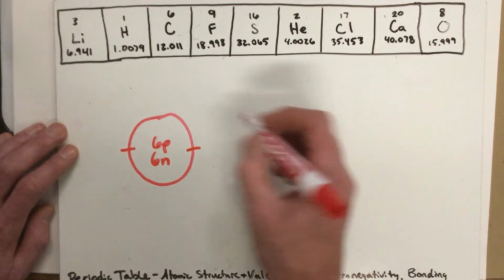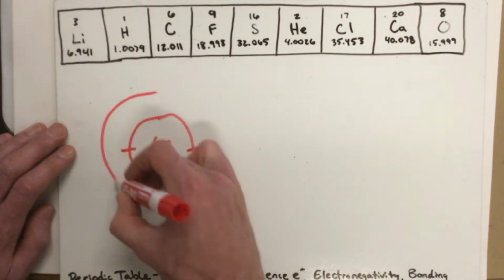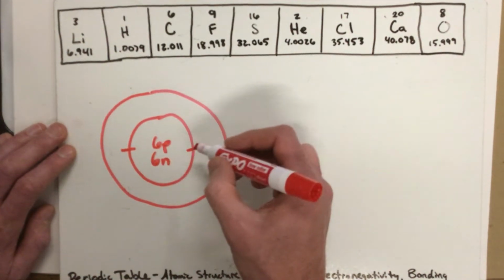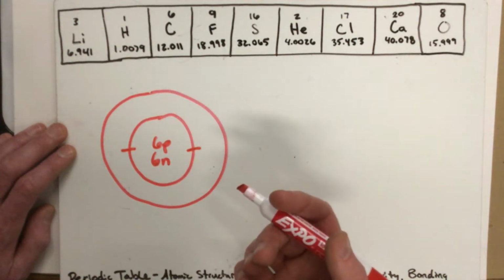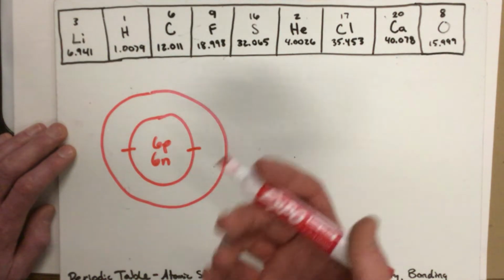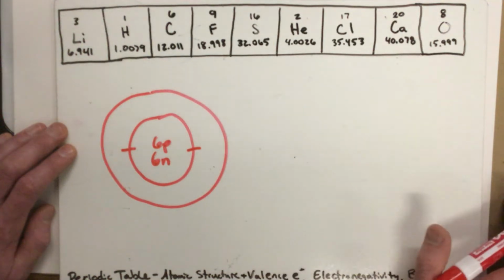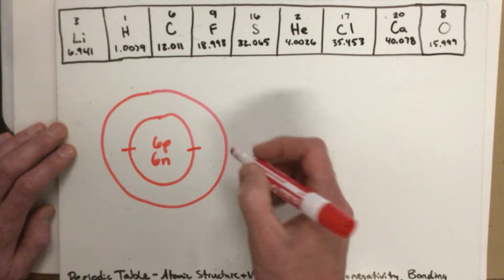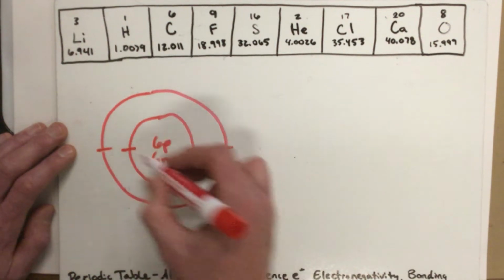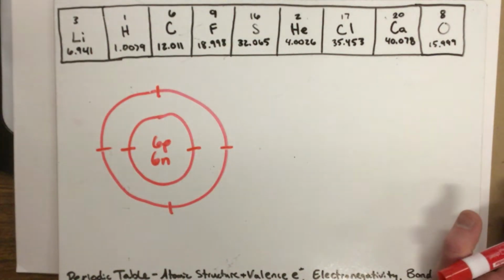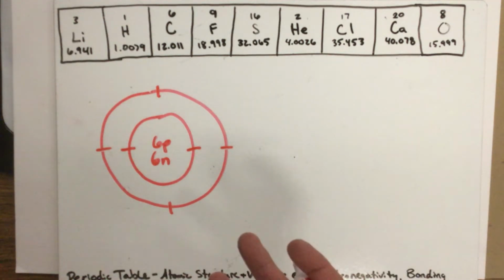It's just that small. The next shell can hold up to 8. Well, we're not going to need 8. We've already got 2. We want this to be a neutral atom. So think to yourself, how many electrons do I want total? We answered that already. It's 6 total. I've already got 2 on there, so I just need 4 more. 1, 2, 3, 4. That's a very simple drawing of carbon. It's neutral and it's the most common isotope.